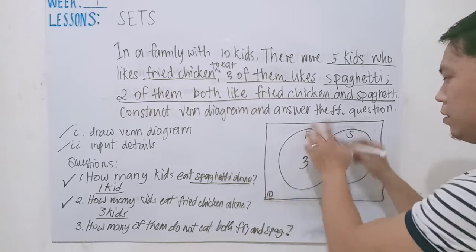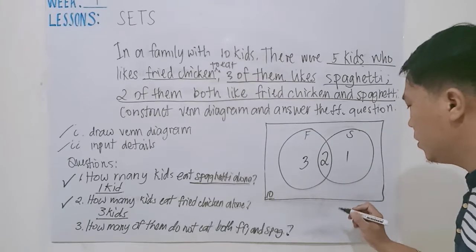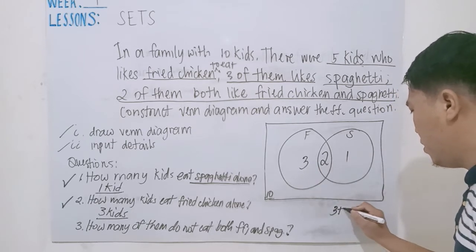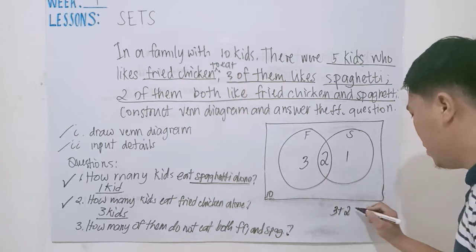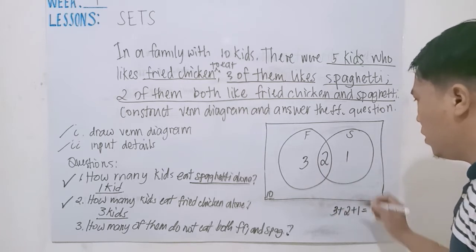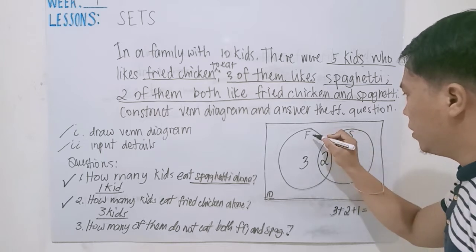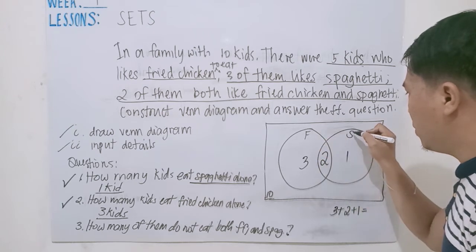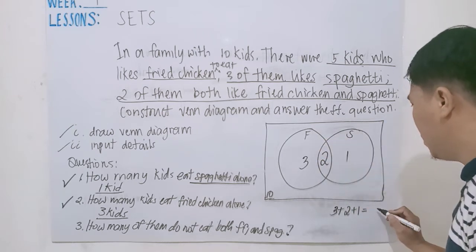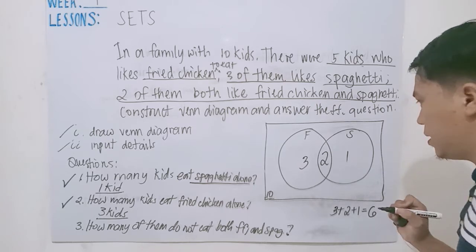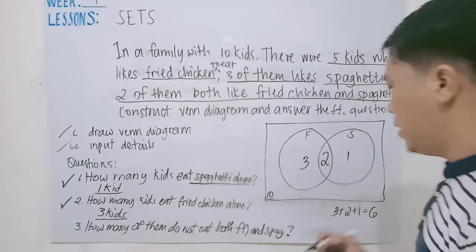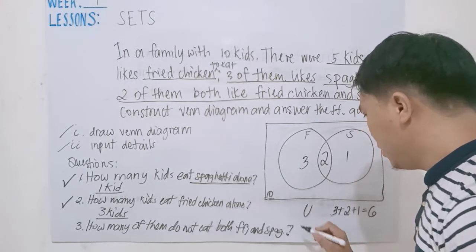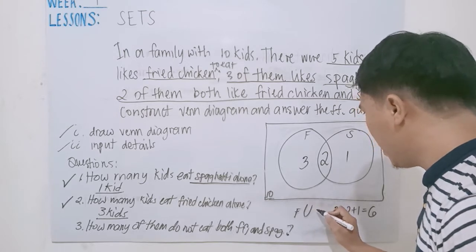Based on the presentation in the Venn diagram, there were 3 here, 2 here, and 1 here. If we combine the number of kids who eat fried chicken and the number of kids who eat spaghetti, this is only 6. If we combine, this is the concept of the union, the union of set F and set S.